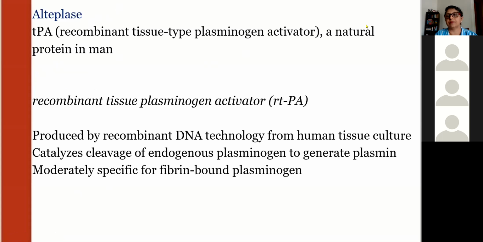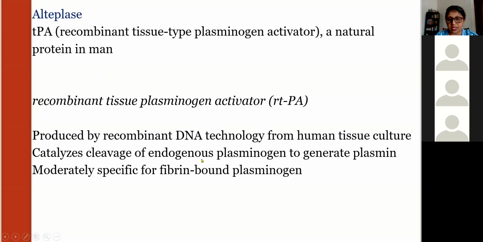Then alteplase. Alteplase is the recombinant tissue type plasminogen activator. So it is a better drug. It is more fibrin specific, obtained by recombinant DNA technology, and moderately specific compared to streptokinase and urokinase, specific for fibrin bound plasminogen, because we need thrombolytics which are specific for fibrin bound plasminogen.